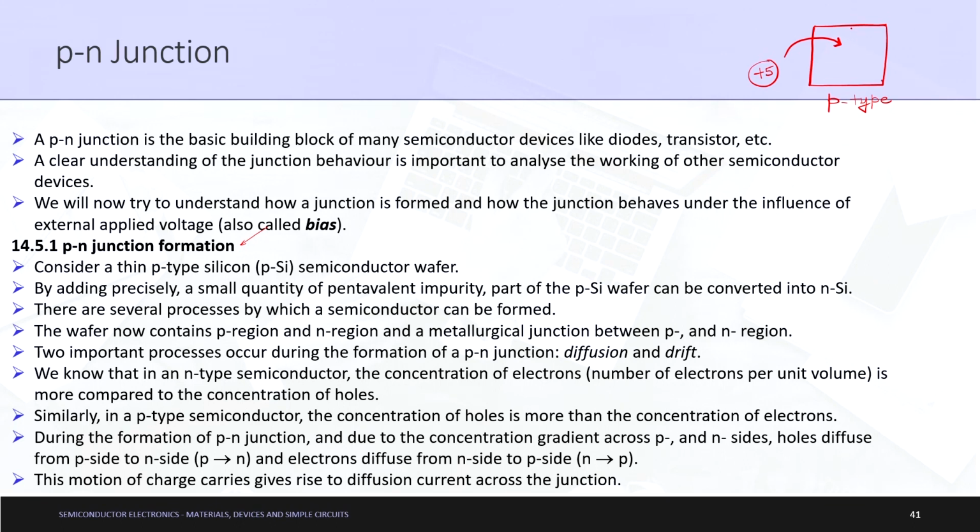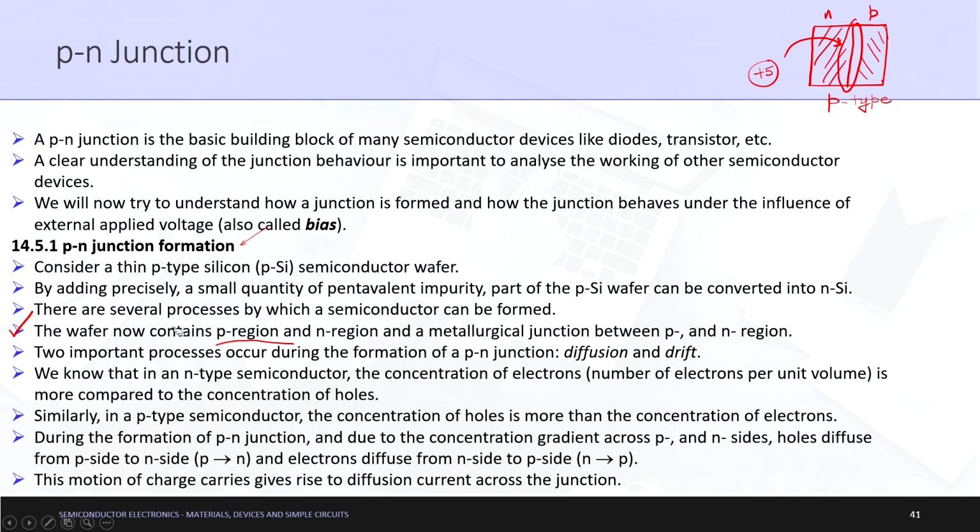So a part of this converted into N-Si and a part remained P-Si only. That led to an N here, a P here, and a metallurgical junction here. The wafer now contains a P region, an N region and a metallurgical junction between the P and N region.